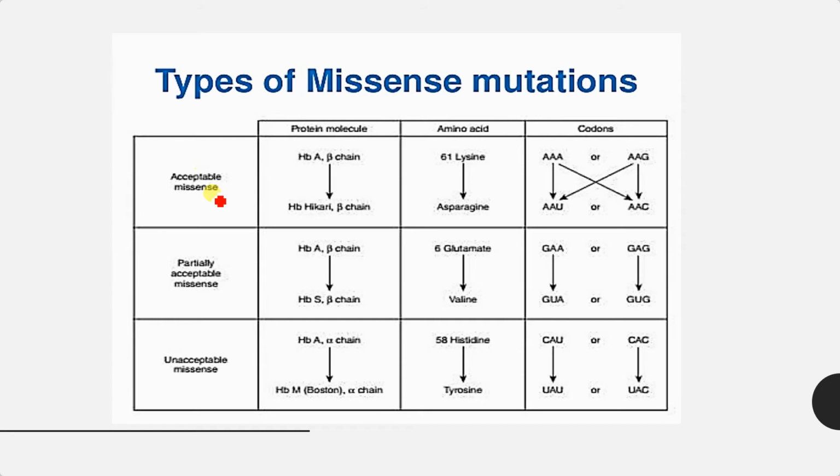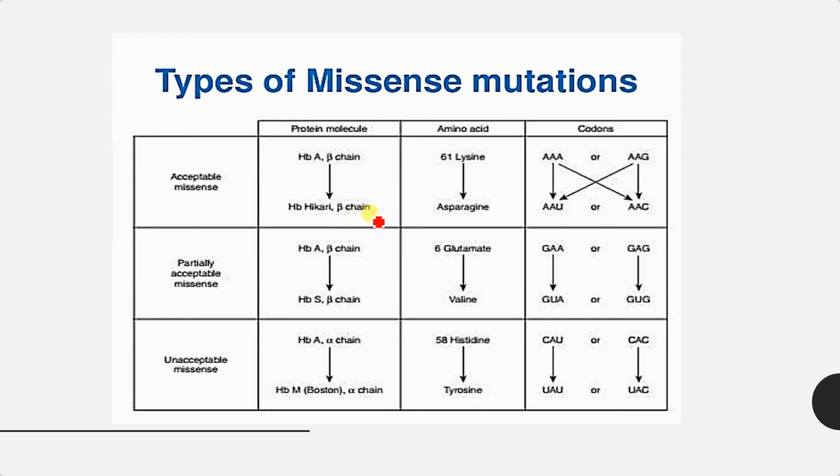For example, the acceptable missense mutation is seen in the HB Hikari type of anemia, where in the beta chain, lysine located at the 61st position is replaced by asparagine, and it may be a transversion or transition type of mutation resulting in the beta chain of HB Hikari type.